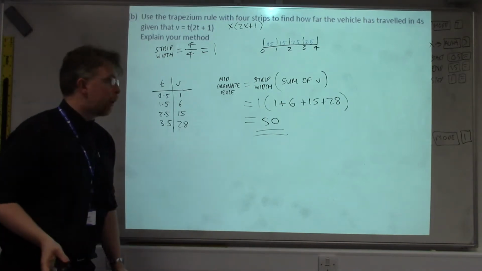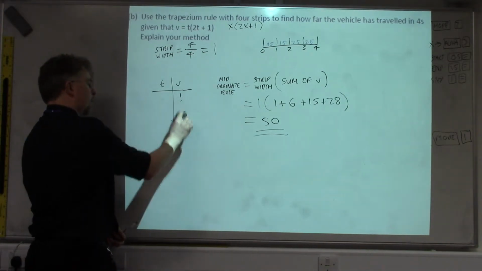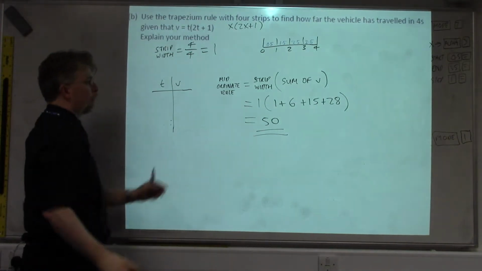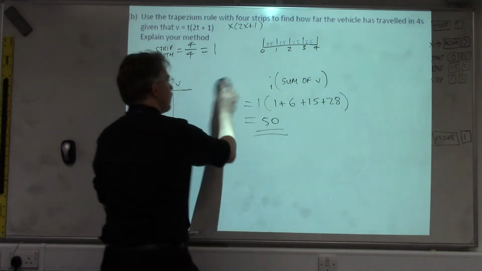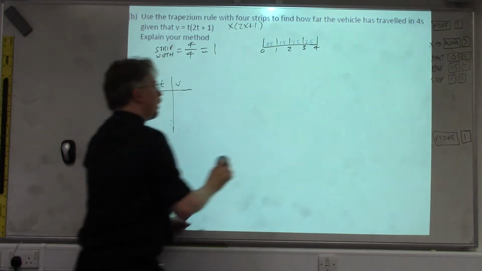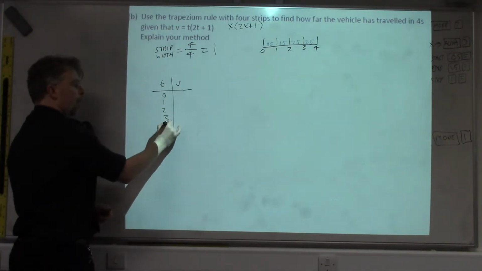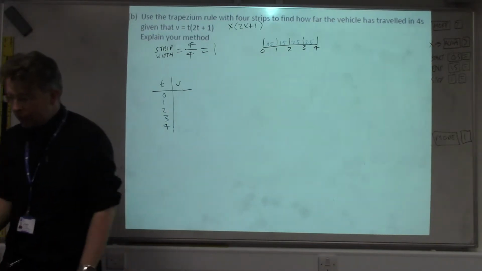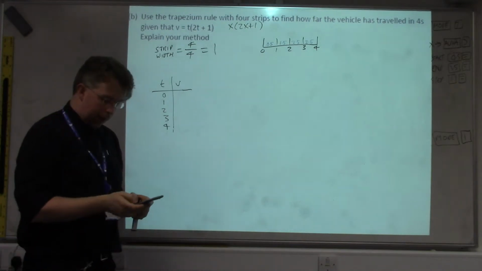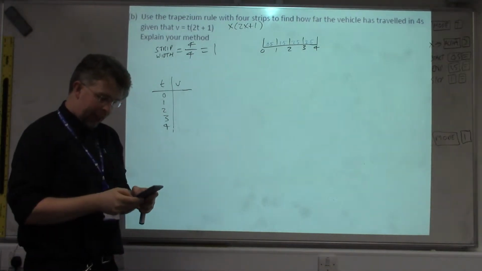So, trapezium rule, we have a slightly different table. For the trapezium rule, we need the endpoints of the strips. So t values 0, 1, 2, 3 and 4. So we're back to table mode, mode 7. F of x equals, stick the formula back in, x times 2x plus 1.